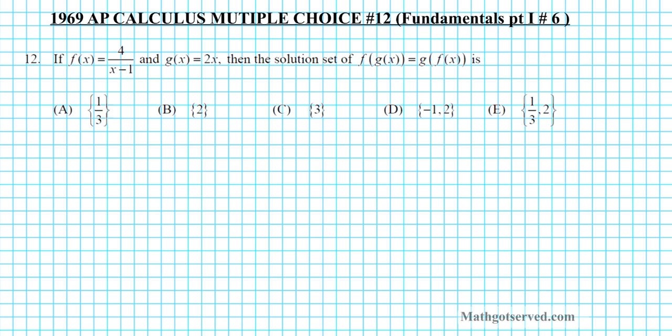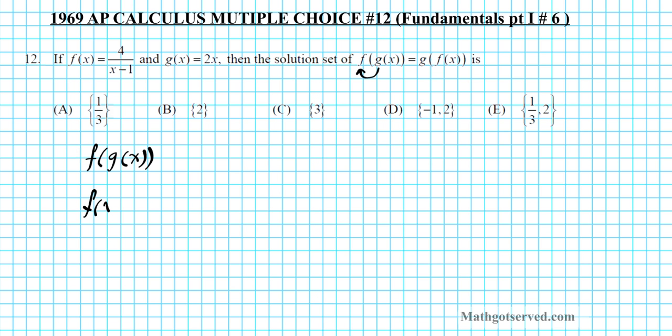So let's start with f of g of x. What does this mean, f of g of x? Well, f of g of x means that you're simply substituting g of x into the x's in f, or you're evaluating f at g. Okay, so all the x's in f will be replaced with the function g of x. So g gets substituted into f.